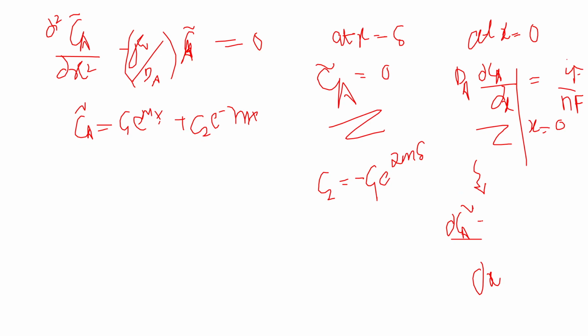When you do it, you'll get something of the form C1 and C2, so you'll get something like this. You will have to substitute this in the given equation above. Then you will find C1 and C2.